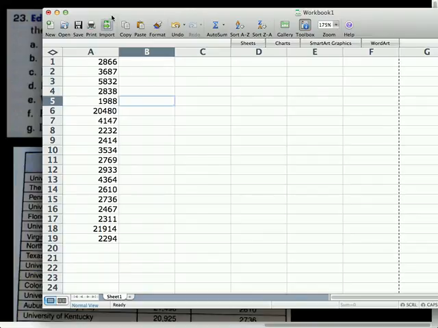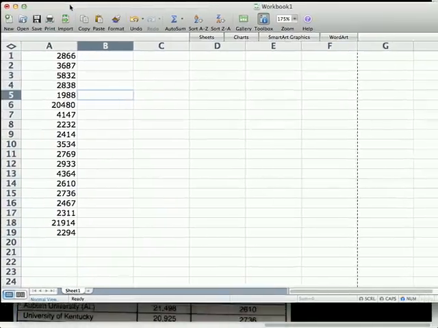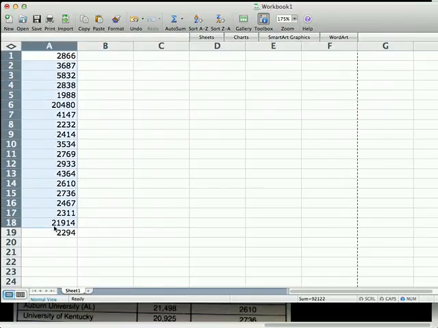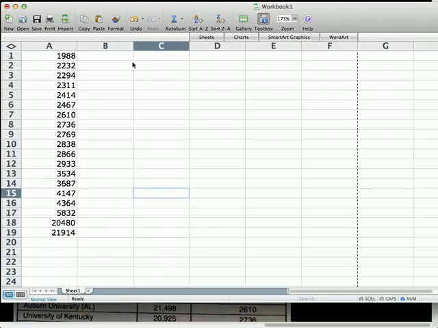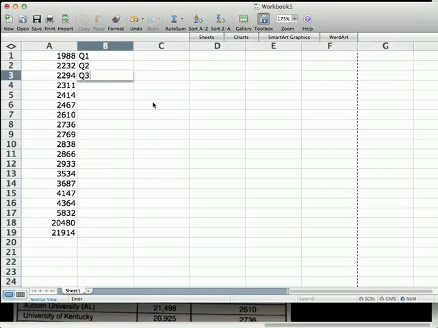There we go. Now our internet friends can see our list. So here's all of the values. If I'm interested in calculating the median and such, it would be worth putting this list in order from least to greatest. So it says, what are the quartile points? So Q1, Q2, Q3.